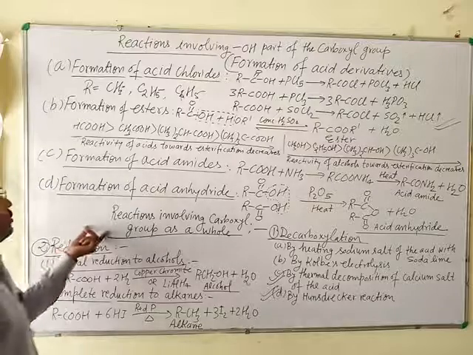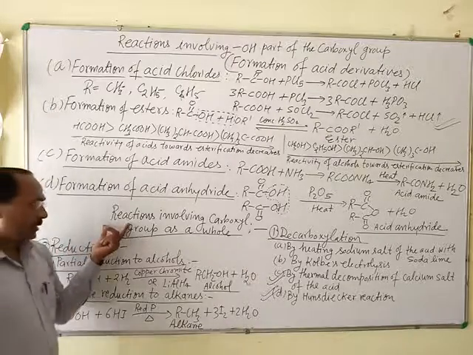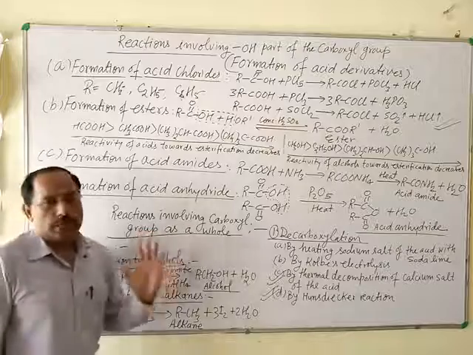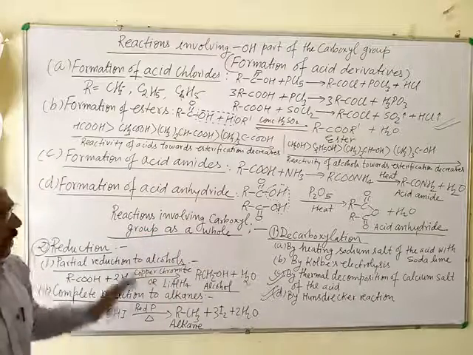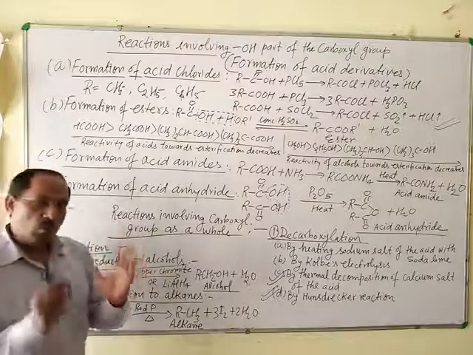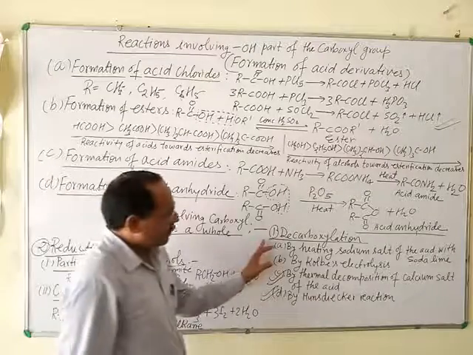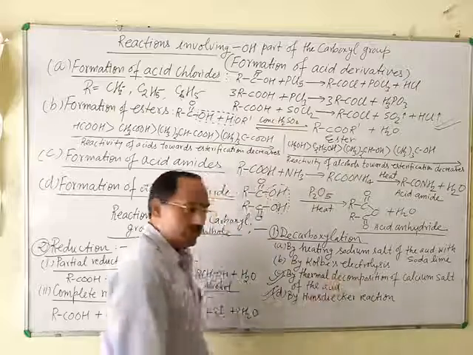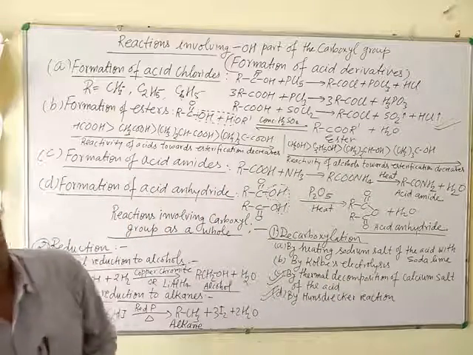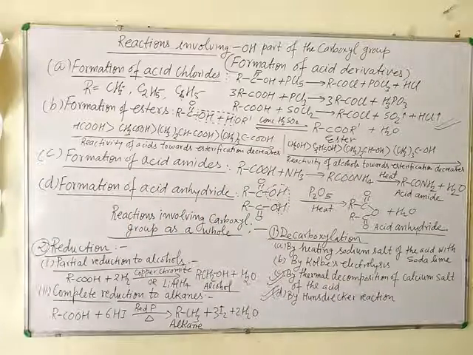Now, reactions of carboxylic acid involving the carboxyl group as a whole. These are the reactions in which the whole COOH group takes part in the chemical reaction. This is decarboxylation. Decarboxylation means loss of carbon dioxide molecules.